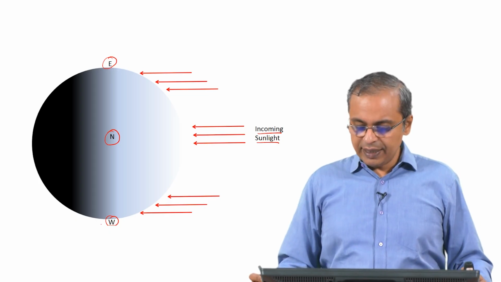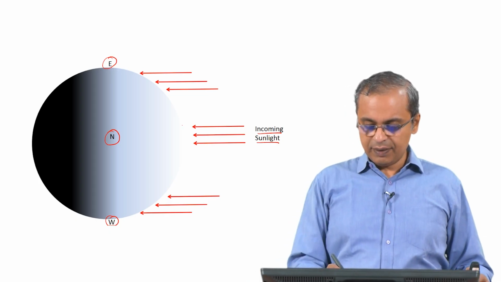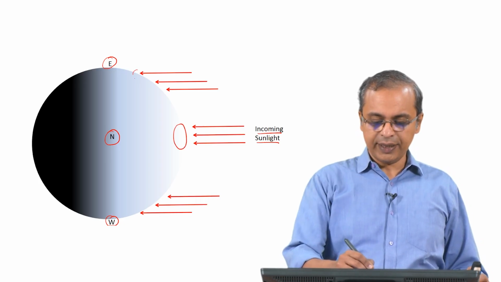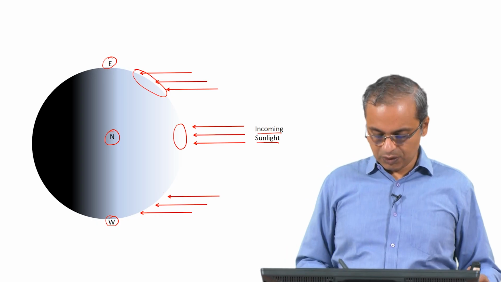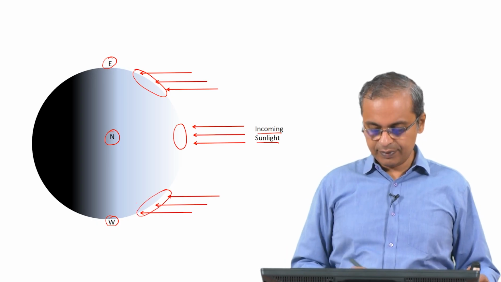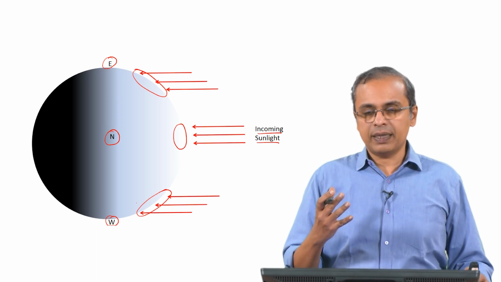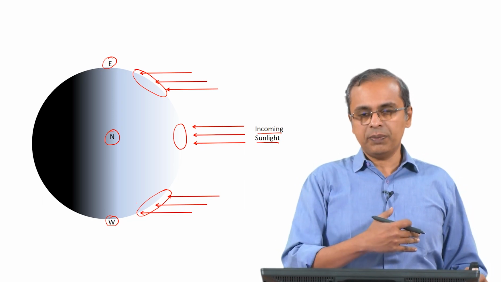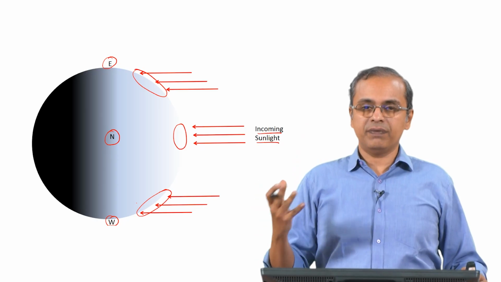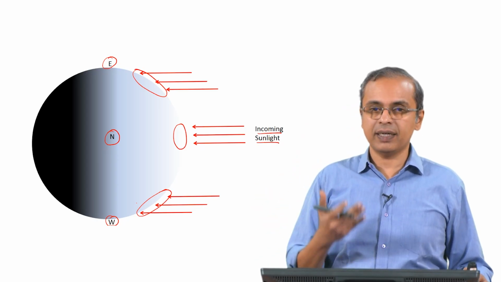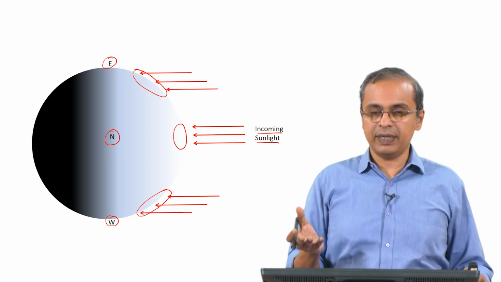So what you can see here is clearly this is midday, this is closer to the morning, and this is closer to the evening. So we know from our experience that in a given day, as you come towards the middle of the day, you feel the maximum heat when you are out there in summer, certainly in places like India. In summer, if you are out there in the middle of the day, it is so harsh.